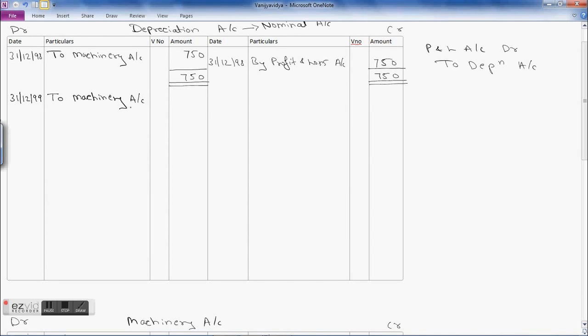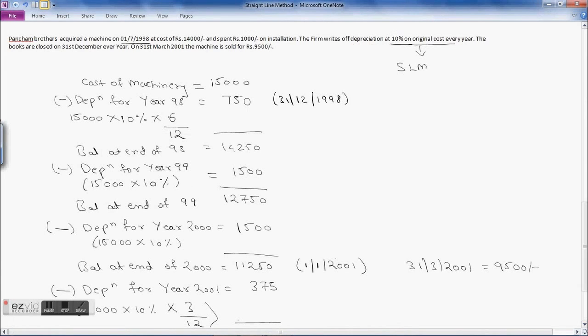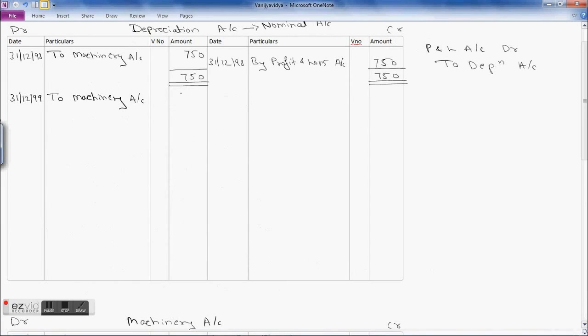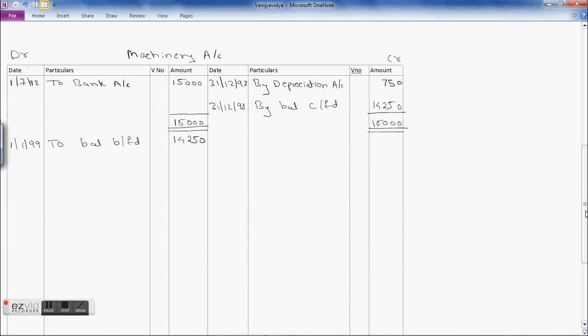Okay, and what is the amount of depreciation for 99? It is 1500. So 1500. Okay, then the next effect in the machinery account on 31st December 99 by depreciation account. How much is the amount? 1500. Okay, now let's close this again.